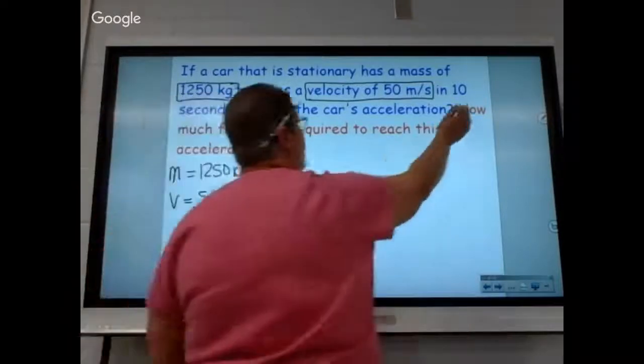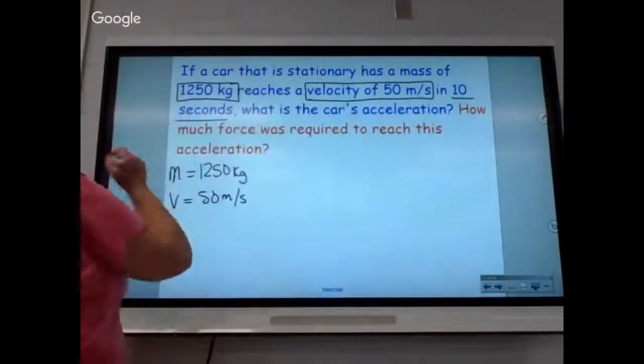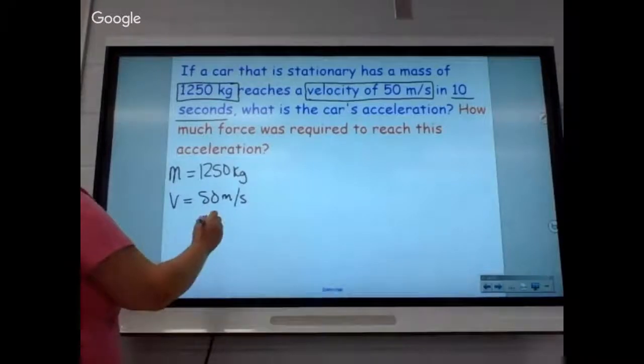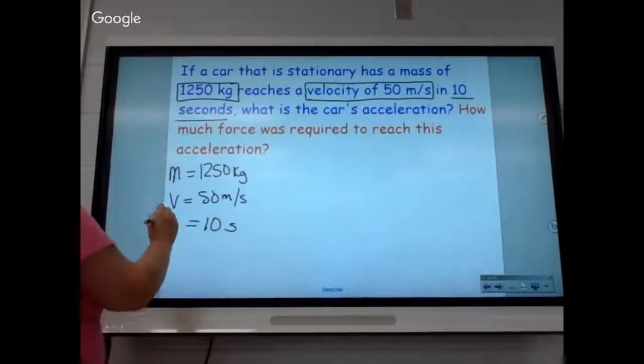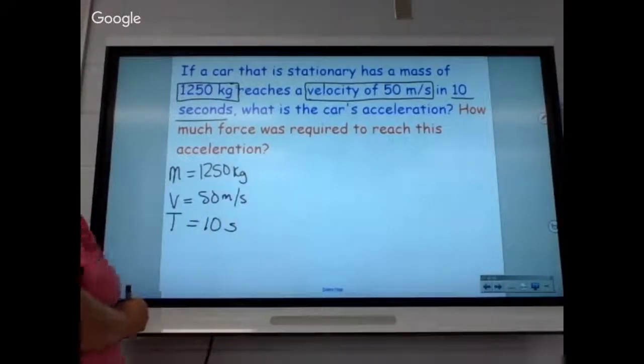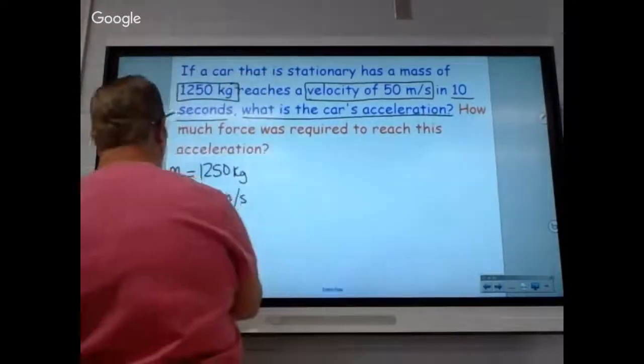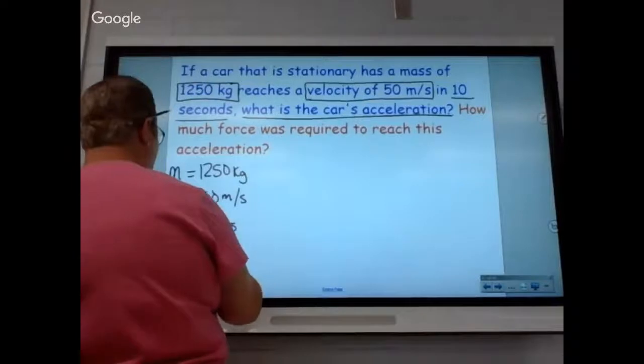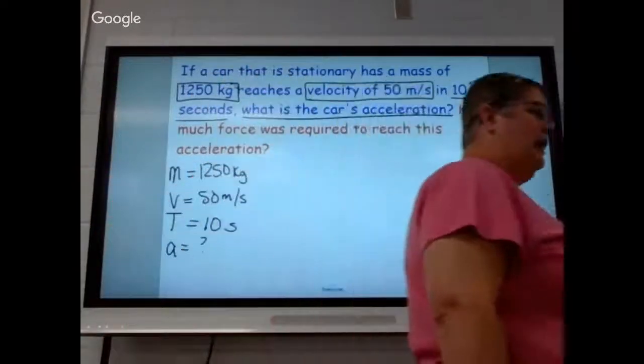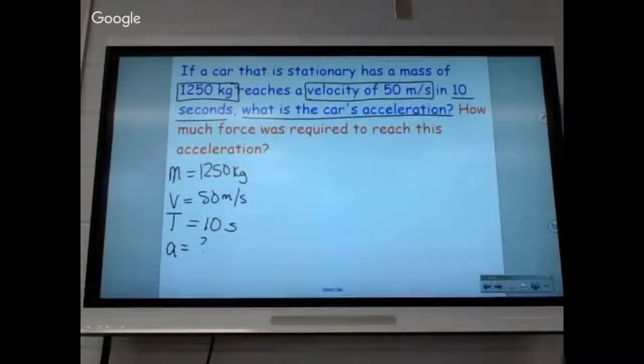And what can you tell me 10 seconds is? Now, what did they ask us to find? How many formulas do we have that allow us to find acceleration? At least two. What are the two that we can find acceleration with?